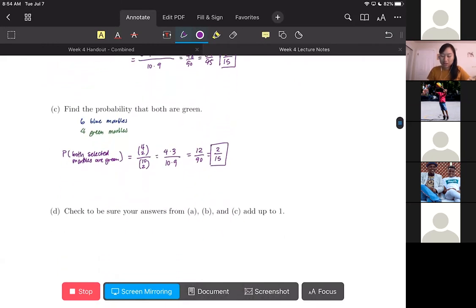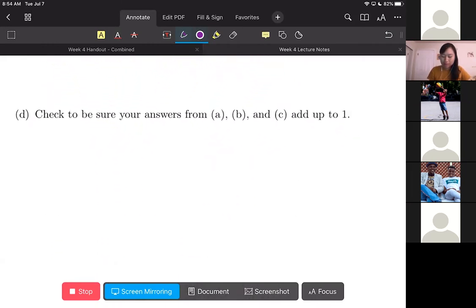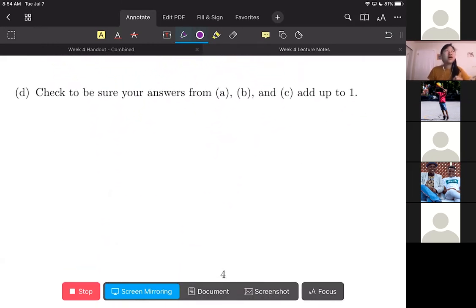So let's check to see if that actually is the case, since we have covered mutually exclusive and comprehensive cases. For part A, we got that the answer was 1/3. For part B, we got 8/15. And for part C, we got 2 over 15.